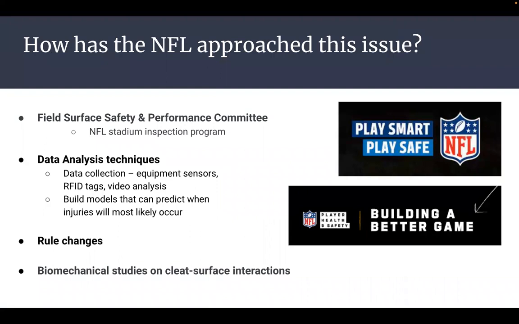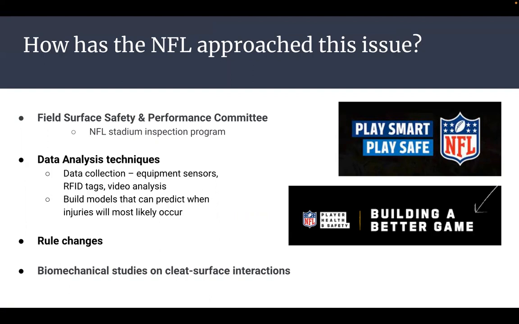So, how has the NFL approached this issue thus far? In the last decade, as I mentioned, there have been many injury investigations conducted throughout the league, which have led to many advancements in ensuring player safety, which is a great sign in the right direction. Some examples of these I've listed here, one being the Field Surface Safety and Performance Committee.